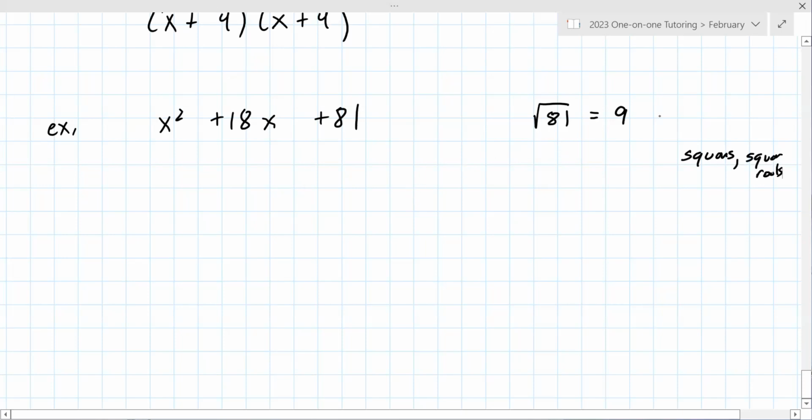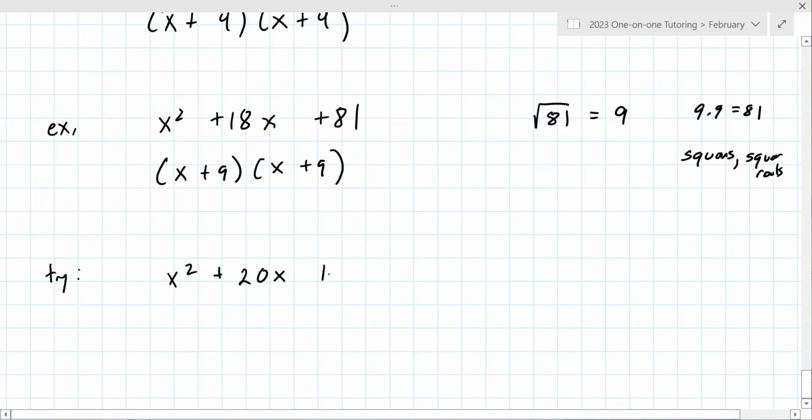Yeah, so the idea here is that 9 times 9 is 81. So the answer here is now x plus 9, x plus 9. Okay. So here's one for you to try: x squared plus 20x plus 100.